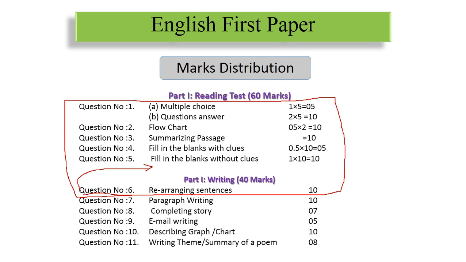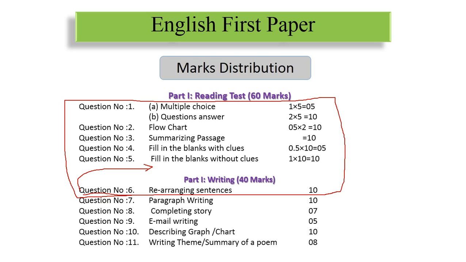Then you will be able to write a theme or summary of a poem, and there will be 8 marks. This altogether makes a total of 100 marks for your English first paper. Next day I will discuss, inshallah, the English second paper marks distribution and how to do well in English second paper.